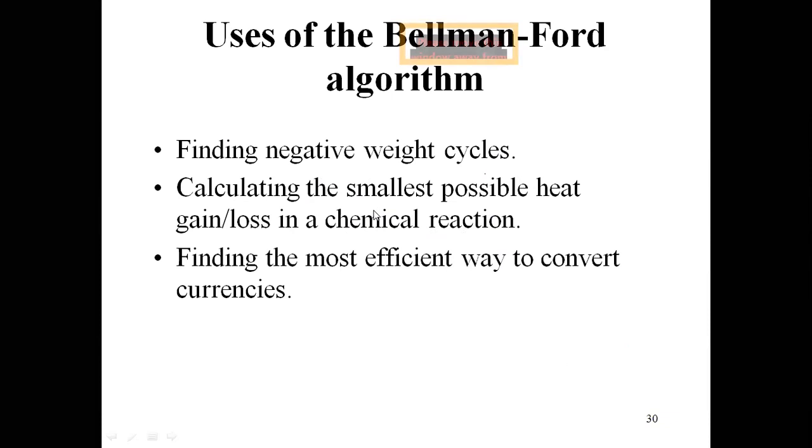When there are chemical reactions, gain of heat or loss of heat, we want to make it as small as possible since this is a minimization algorithm. Also finding the most efficient way to convert currency from one country's currency to another country's currency. So these are the uses of the Bellman-Ford algorithm.